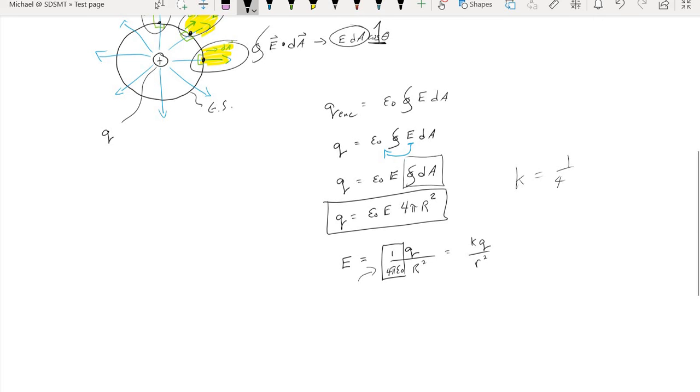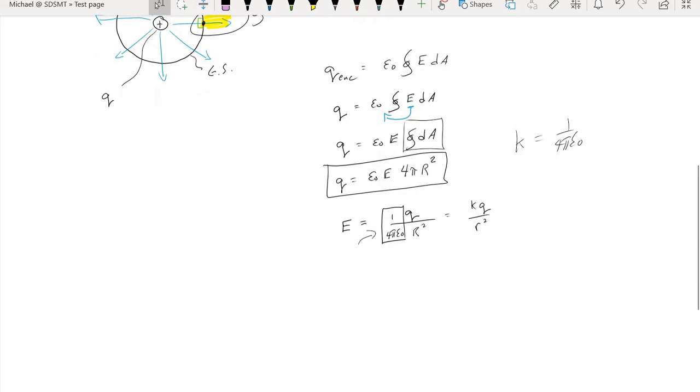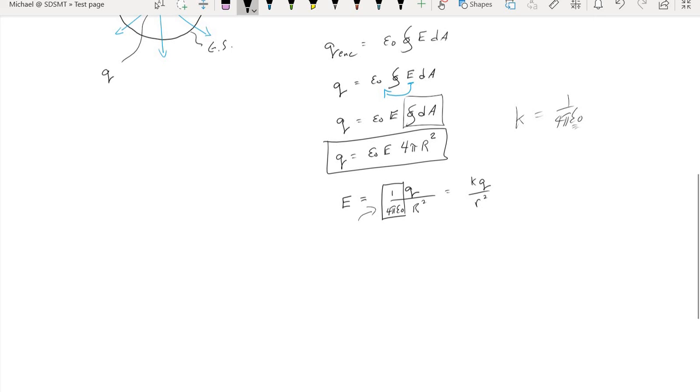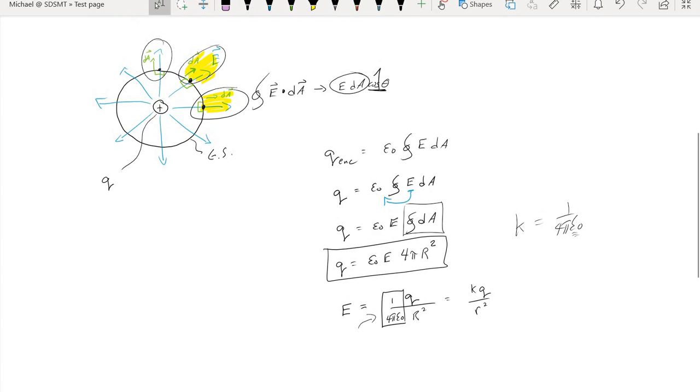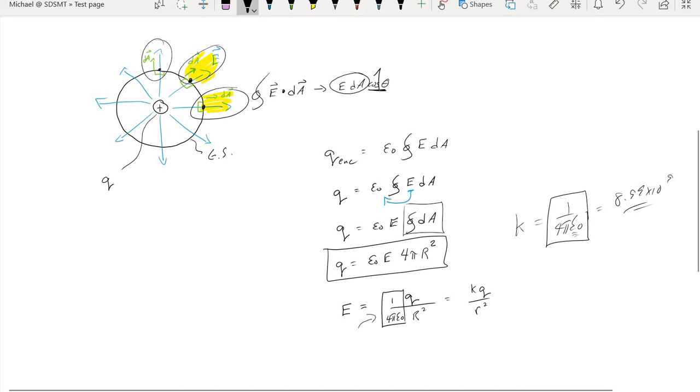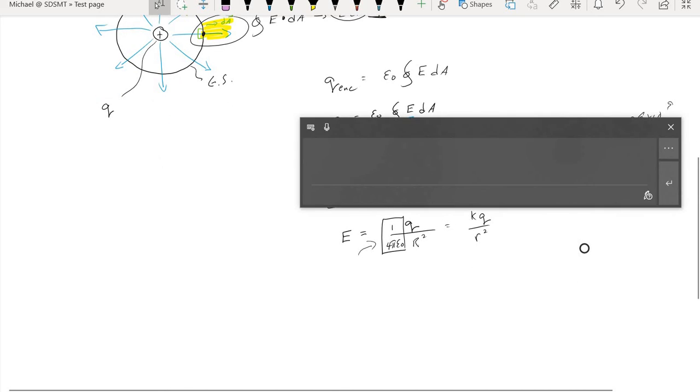So this is why we're going to be using 1 over 4 pi epsilon from now on. And the epsilon naught value, we can plug that in as needed. But remember, anytime you see this combination anywhere in your work, you can still plug it in as the k value that we've been using all along.